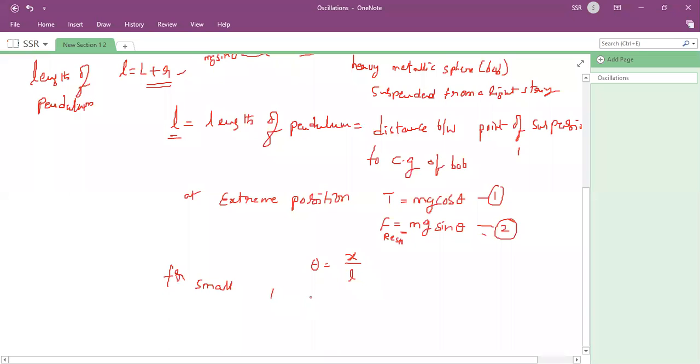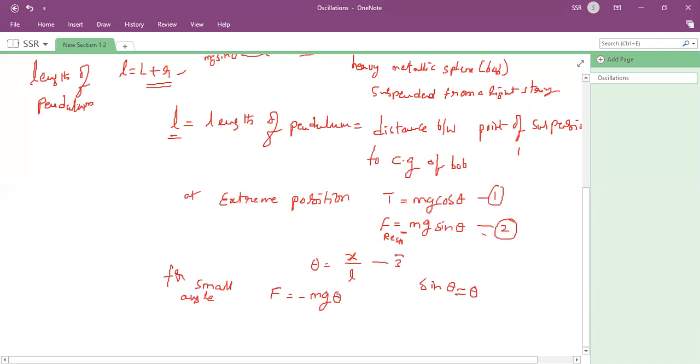Then for small angular displacement, F is equal to minus mg sin theta. For small angles, sin theta is approximately theta. Then you can write F is equal to minus mg theta, from equation number 2.